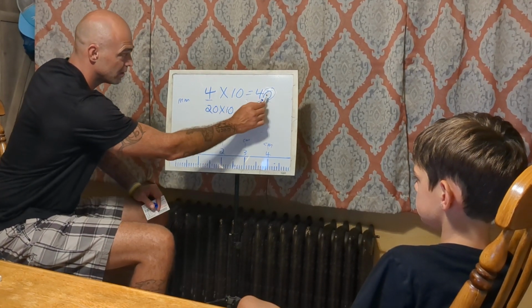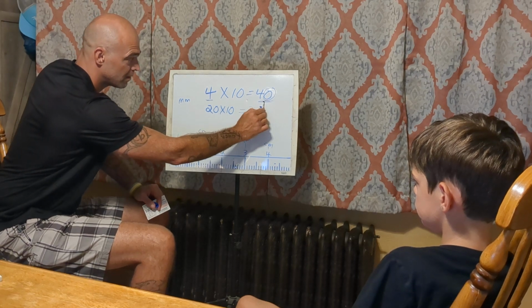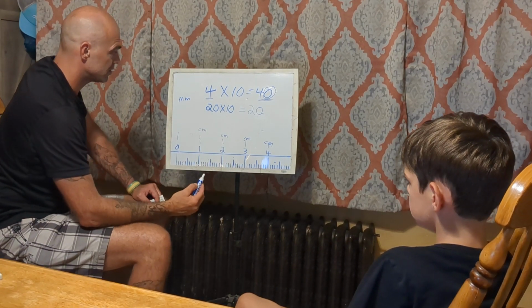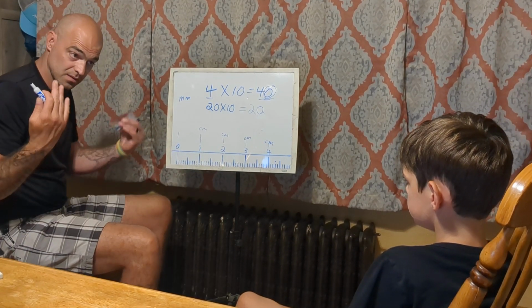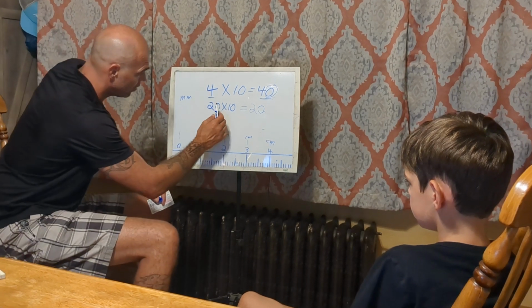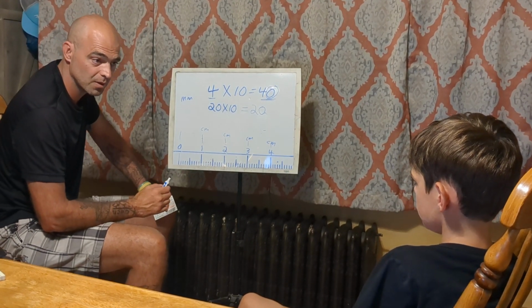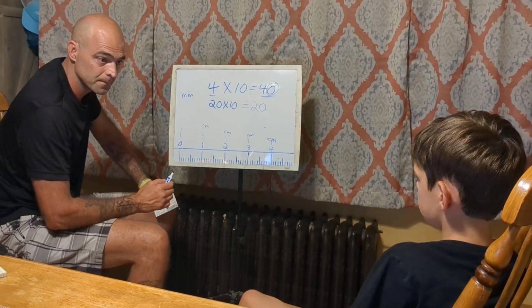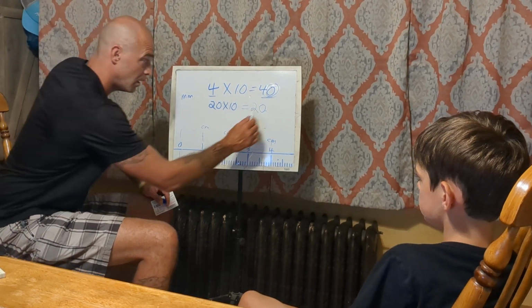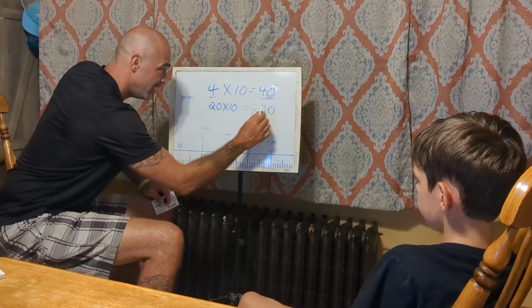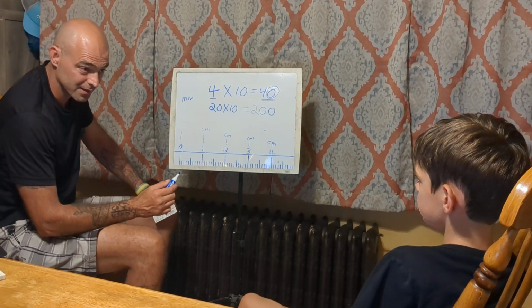You just added a 0. Okay, so if we use that sense, what would I do to this 20 to make it the right answer if I multiply it by 10? Another 0. Ah, and that is completely correct.